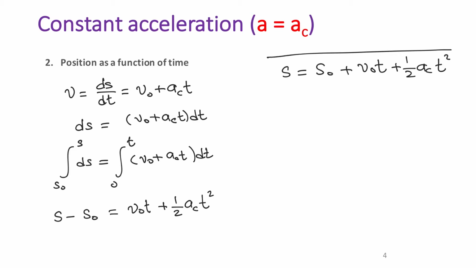Again, this equation can be written in a vector notation where the right-hand side is assumed to be positive and the left-hand side is assumed to be negative.